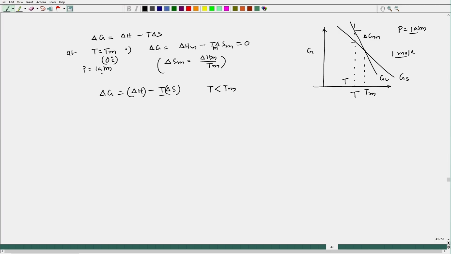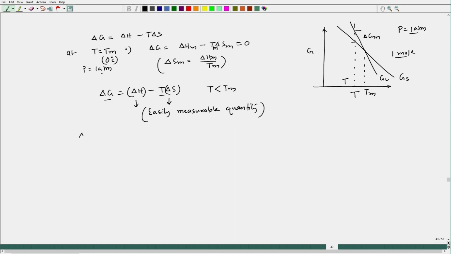These two quantities, if I can find out, then definitely I will be able to find out this. Now, in order to find out, we need to have some easily measurable quantity which will allow us to calculate that delta G value at other temperature less than T m.